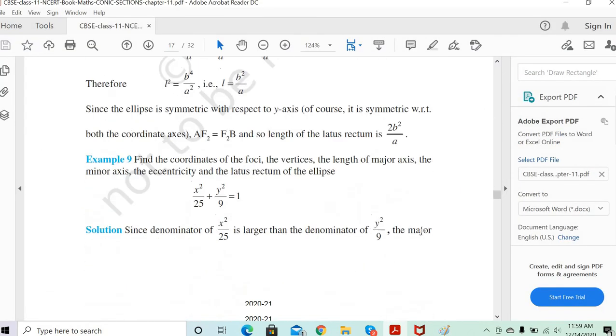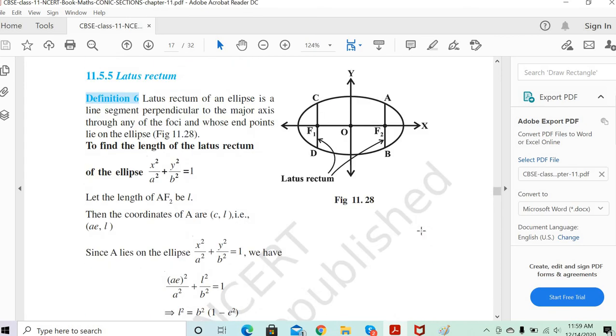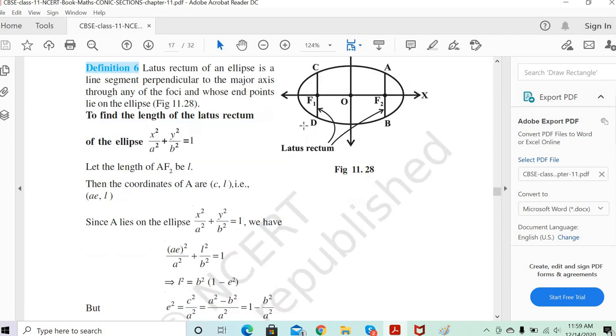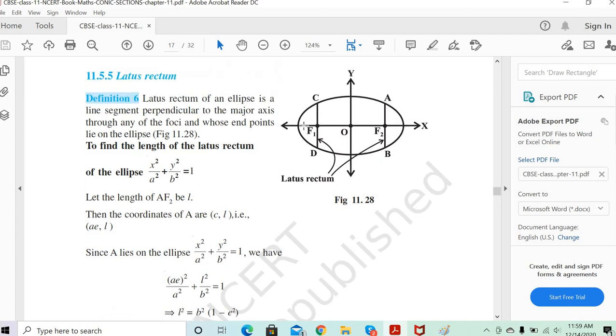Now let's go to the latus rectum part. Let's understand what is called latus rectum. Draw the figure 11.28 now. Done, sir. Now look at the latus rectum. What is latus rectum?